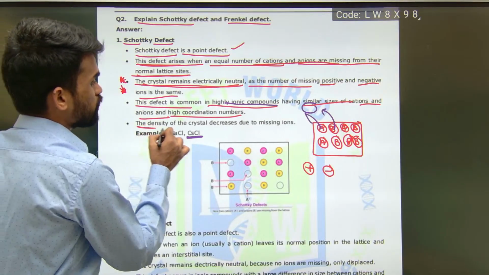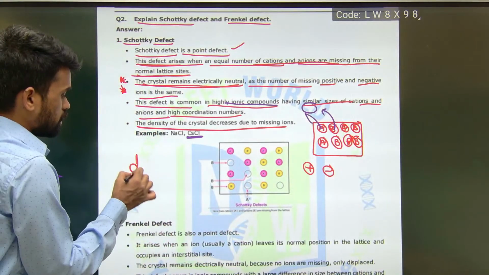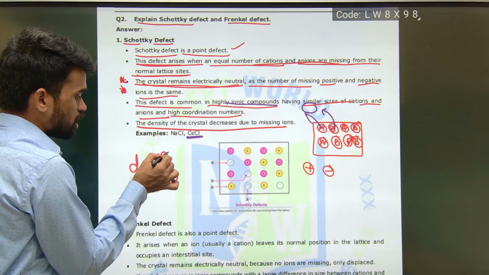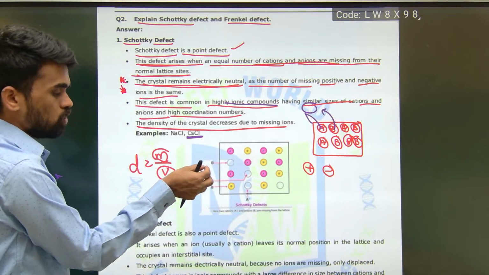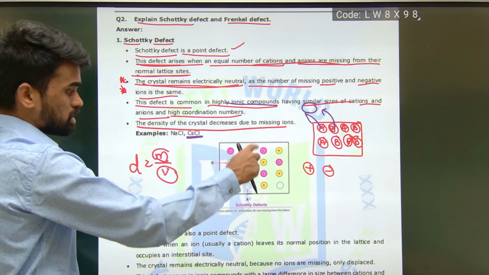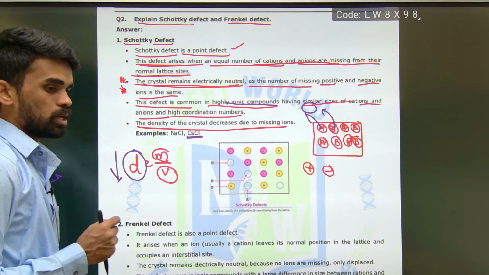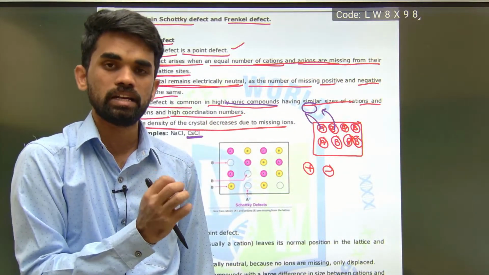The density of the crystal decreases due to the missing ions. See, what do we mean by density? It is mass by volume, now. In the same volume we are removing some particles. We are removing a cation and an anion. What happens to the mass of that substance? It decreases, so density also decreases. So you can remember, due to Schottky defect, the density of the crystal decreases.